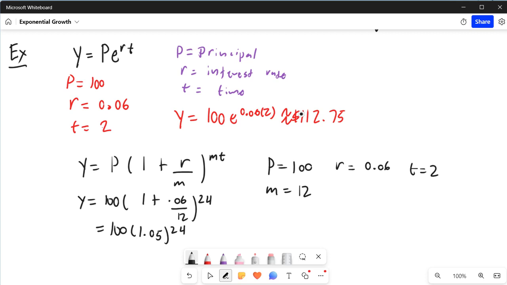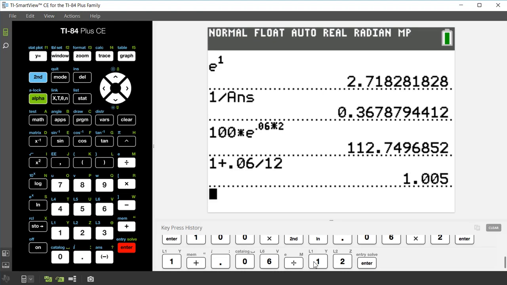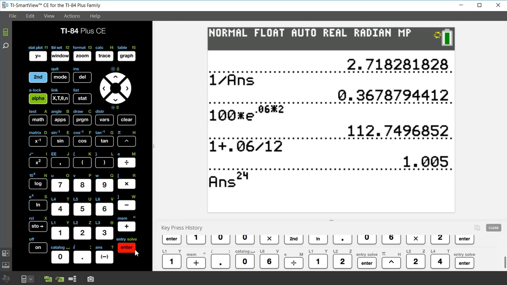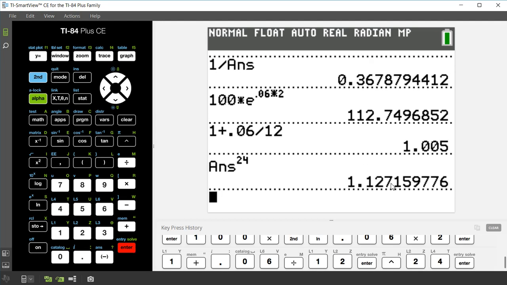See how we have an exponential expression in this case, 1.005 raised to the 24, but multiplied by 100. So here, let's see what that gives us. We have to raise that number to 24. That's the amount by which it grew in terms of the factor.